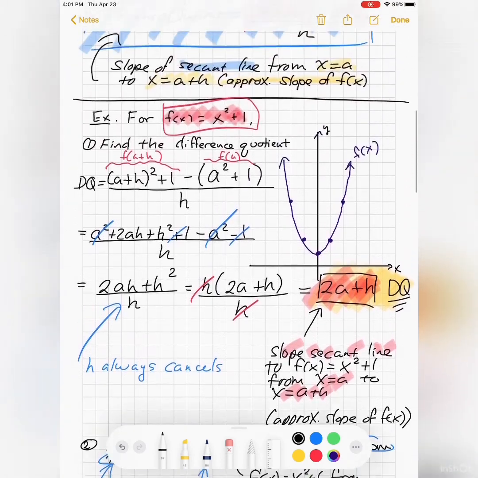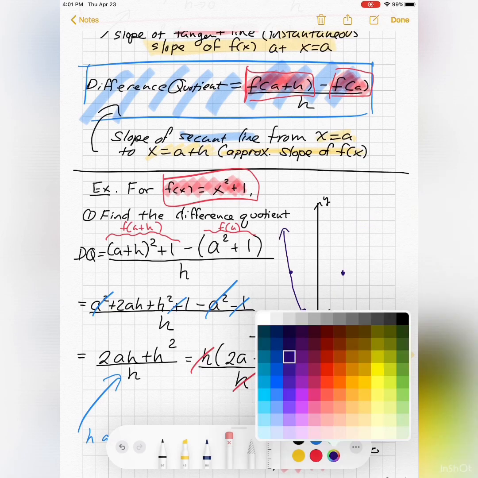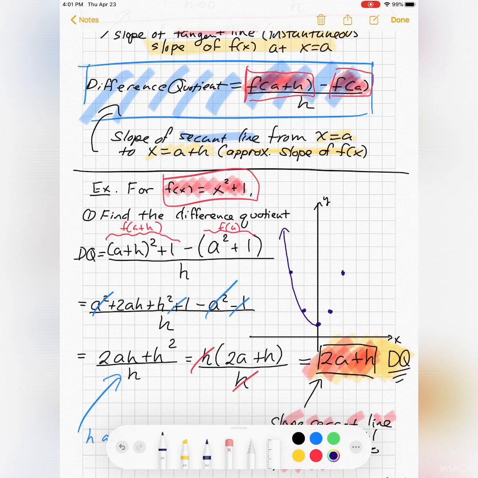Okay, now I can look at the picture. Maybe I need to extend my graph a little bit. Let's see, if I plug in 3, 3 squared is 9 plus 1 is 10. It's going to fit 2, 4, 6, 8, 10. It'll be here. I'm trying to draw that reasonably.